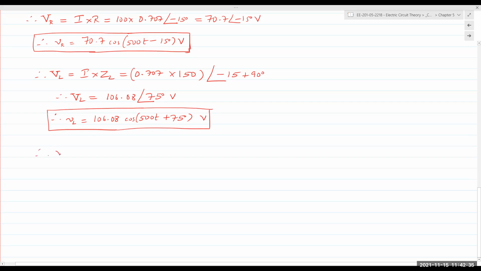And then similarly, VC, and now I have minus 15, minus, oh no, plus minus 90.